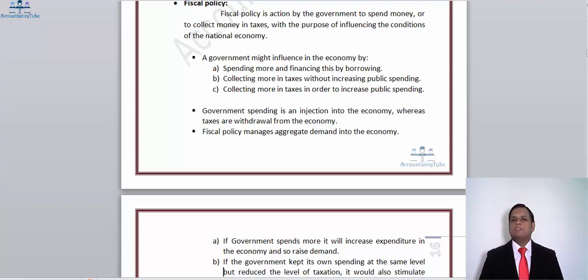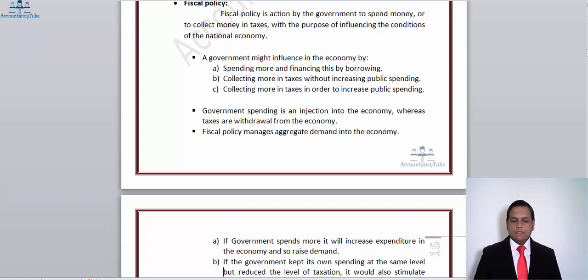Mostly the government spends on transportation, education, medical facilities, and other such things which cannot be left to the private sector. So they will cut funds in these areas to reduce demand in an economy.